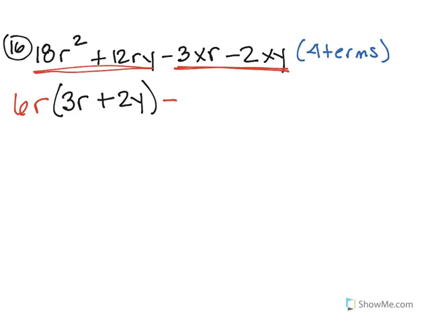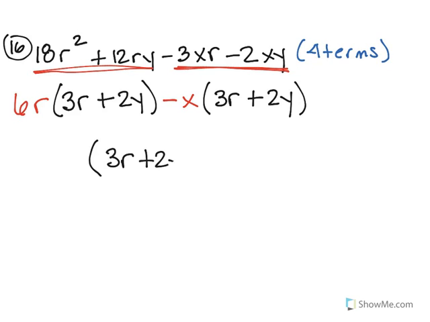So we're going to pull off a negative, and they just have X in common. And that's going to leave us with 3R plus 2Y. Because keep in mind, when you take a negative off, you divide it out, you're left with a positive. So our answer would be 3R plus 2Y times 6R minus X.